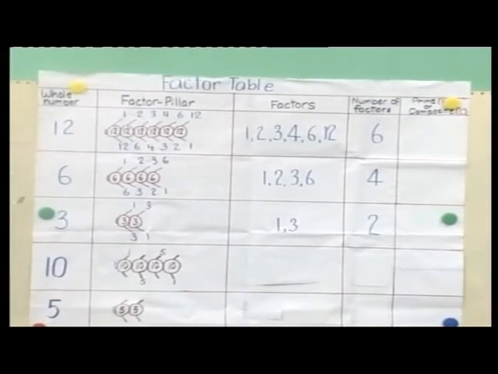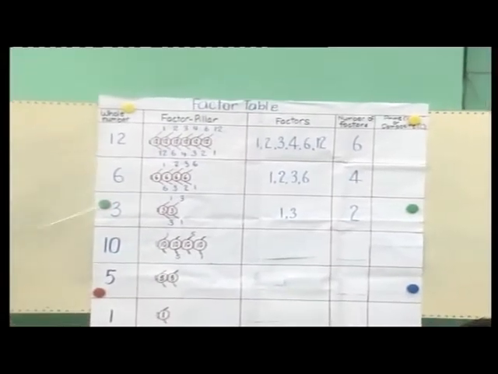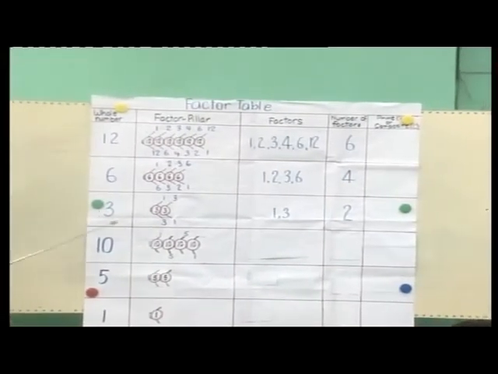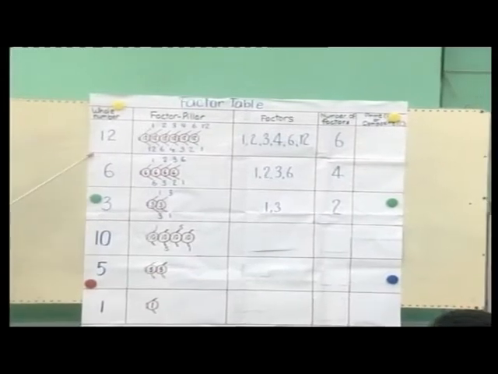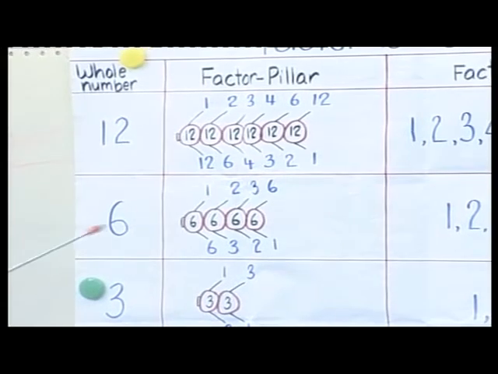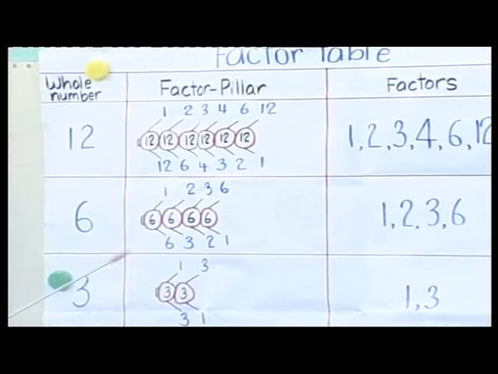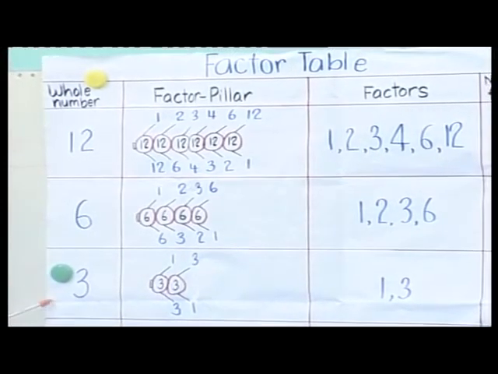So what are the numbers that we have identified? 12, 6, 3. No, we have only identified factors. In your previous lesson on factors, you have identified the factors of 12, factors of 6, and factors of 3.